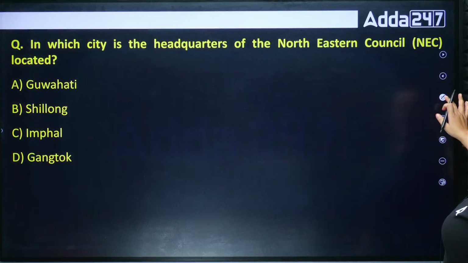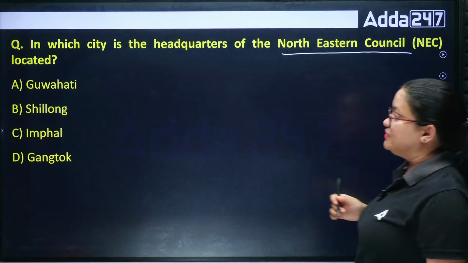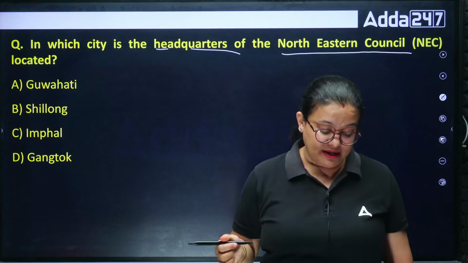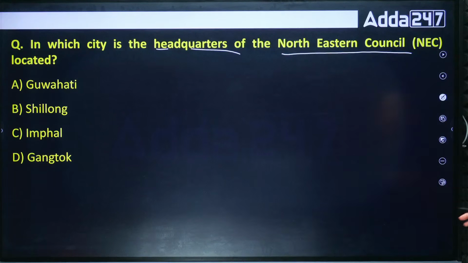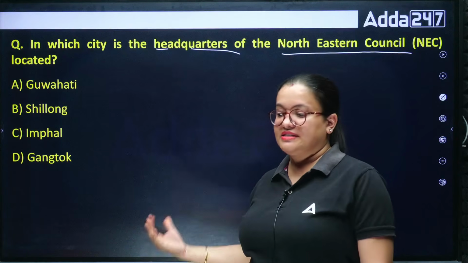Next question, in which city is the headquarter of the Northeastern Council, NEC, located? Whenever we say headquarter of the Northeastern Council, it is very important because it is the main place where most of our schemes or updates of the northeastern states are going on.